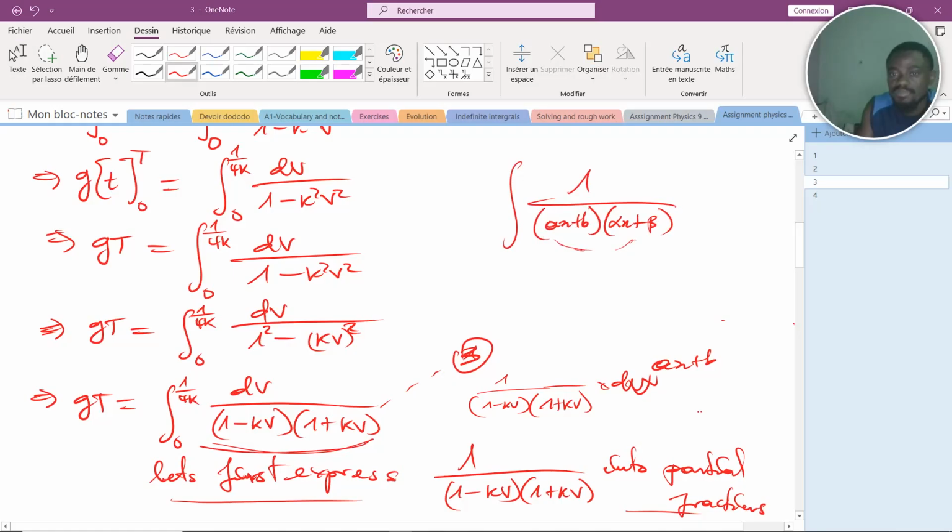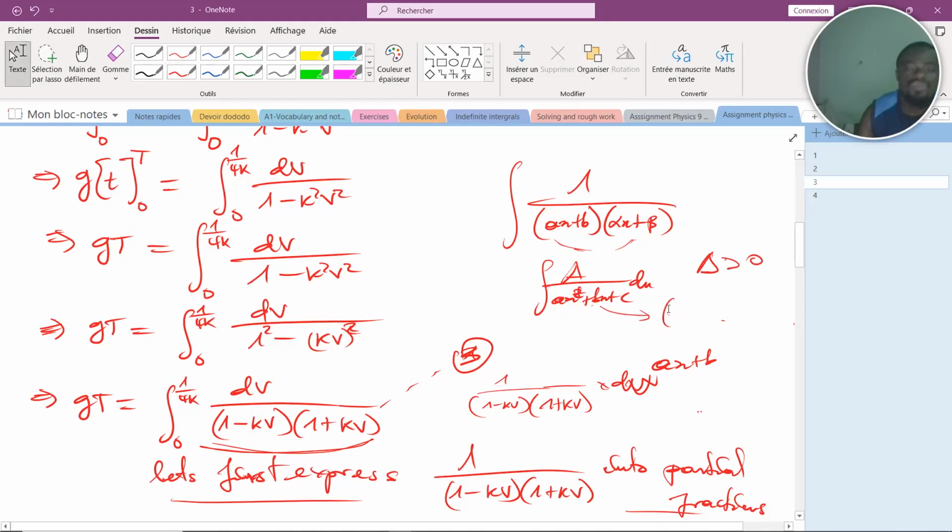You first express this in partial fractions, because in the assignment that I gave you, where I asked you how to integrate capital A on ax squared plus bx plus c, the first thing you are supposed to do is to calculate delta. Let's say delta is greater than 0. It simply means that this quadratic expression is going to have two real roots. Is that okay?